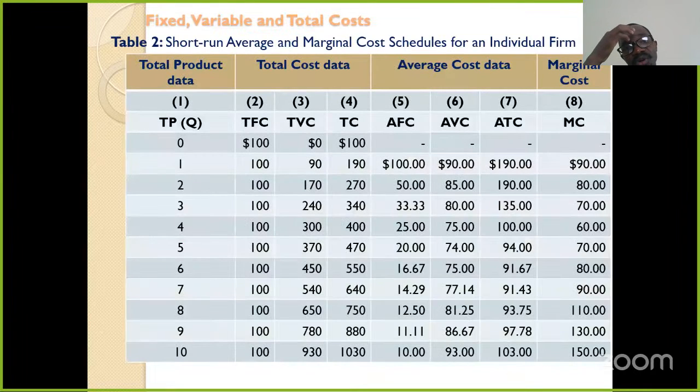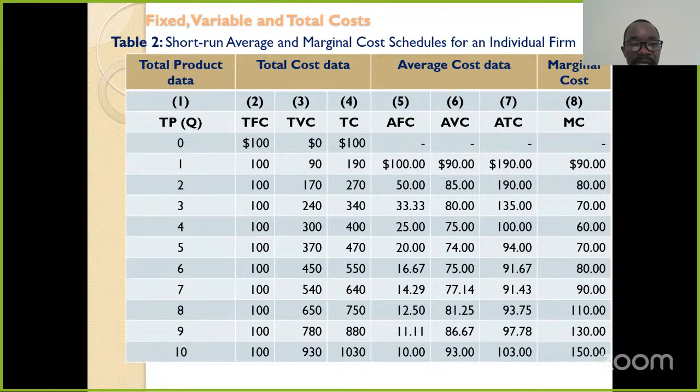So that table gives illustrations of the calculation of all costs incurred in short-run production. The first column is showing us total product output, the output that is produced. Second column, total fixed cost.